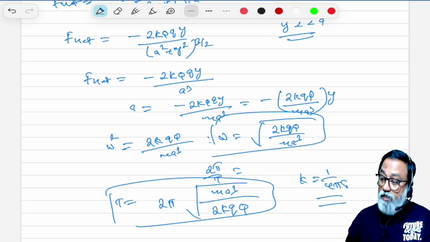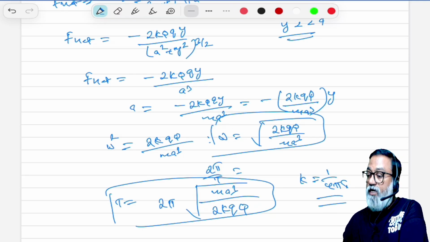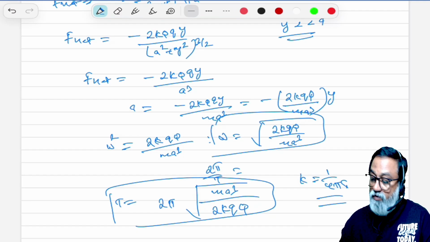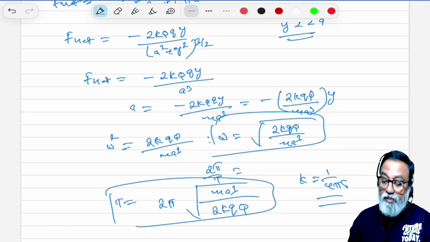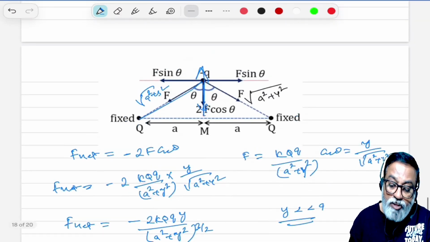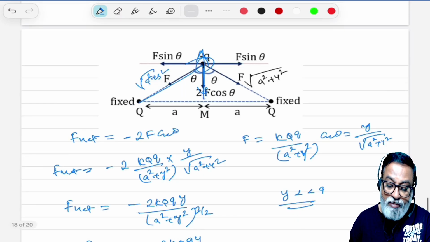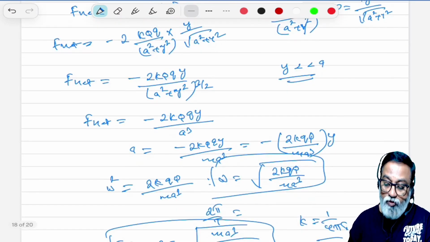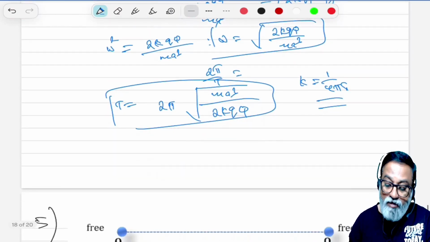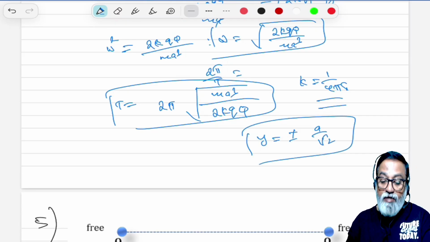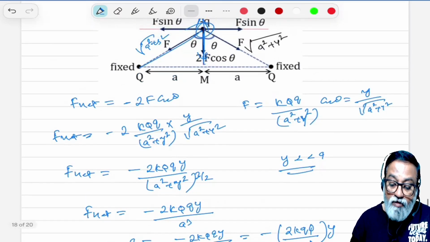See, this is the time period, stable equilibrium and unstable equilibrium. Here is another important thing: this force is maximum. When you differentiate this force and equate to 0, we get y equal to plus or minus a by root 2. Very important.